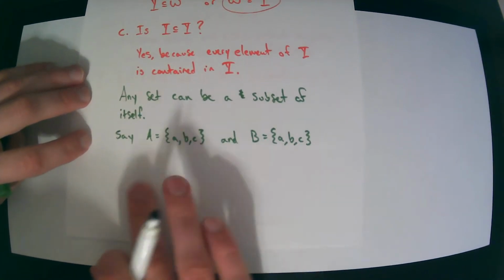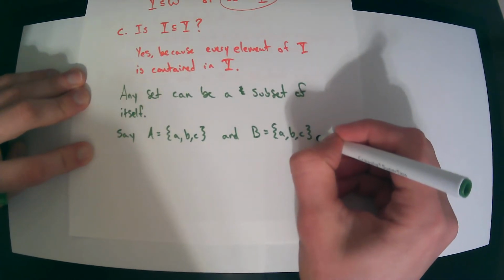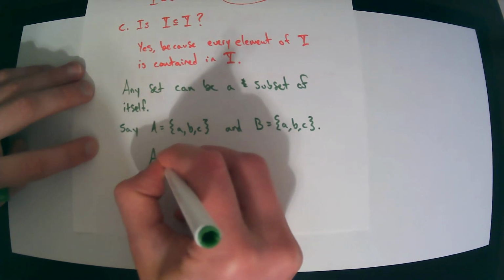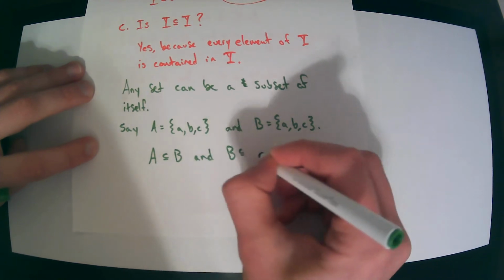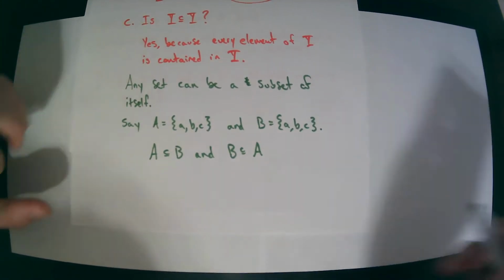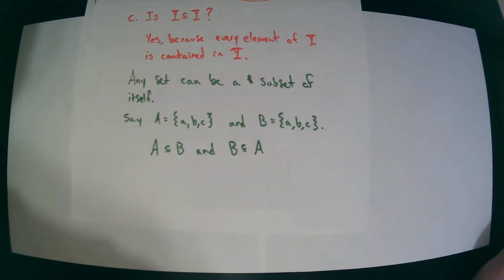So same sets, just different names. What I can say is A is a subset of B and B is a subset of A. Because in fact A is equal to B here, right? So this subset thing works in both directions.